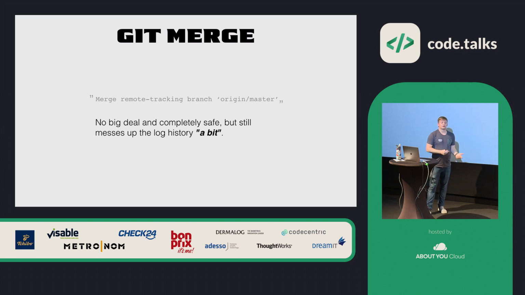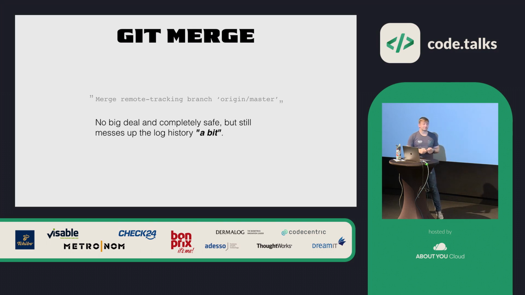And of course, Git merges are totally safe and are the default behavior of Git. But like I said, they mess up the history a bit and make it kind of totally useless for the human eye to understand what's happening there.